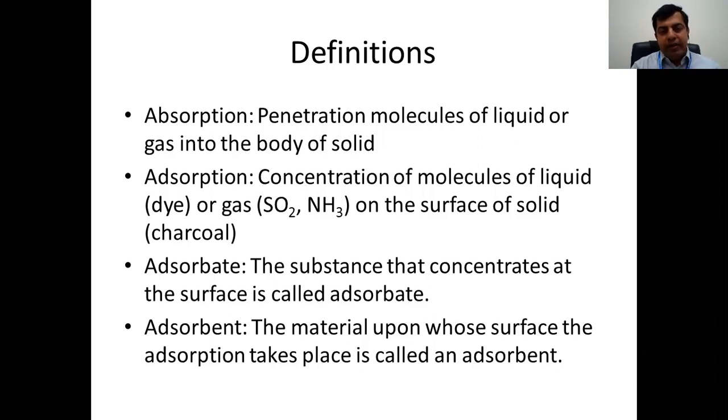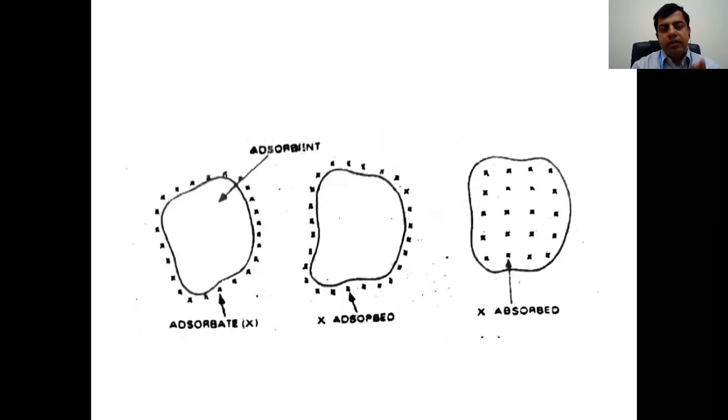So the adsorbent is the agent which is going to adsorb. That's why this is called the adsorbent, and the other material will be the adsorbate. So this is a simple example of the difference between the adsorbate and the adsorbent, and adsorb and absorb.